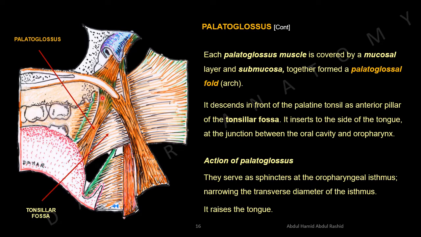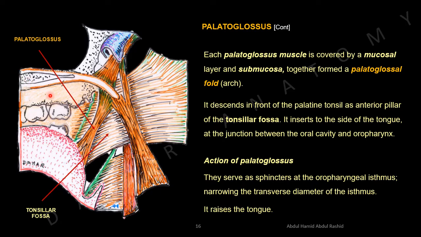It descends in front of the palatine tonsillar fossa, anterior to the tonsillar fossa. It inserts into the side of the tongue at the junction between the oral cavity and oropharynx.